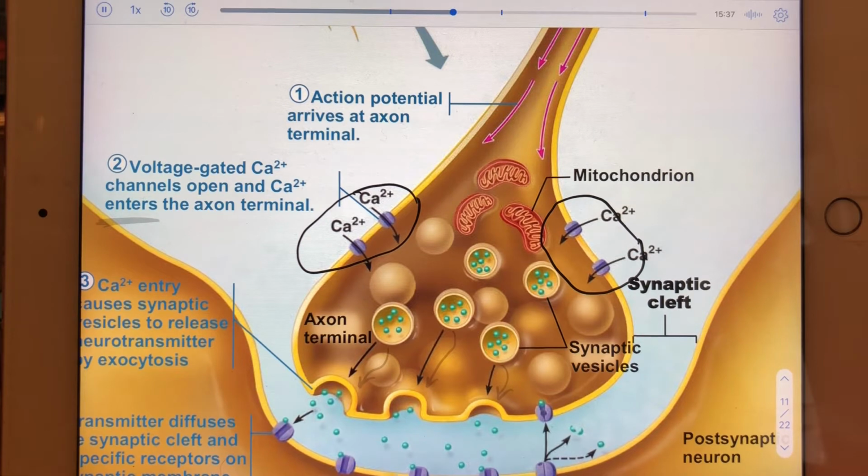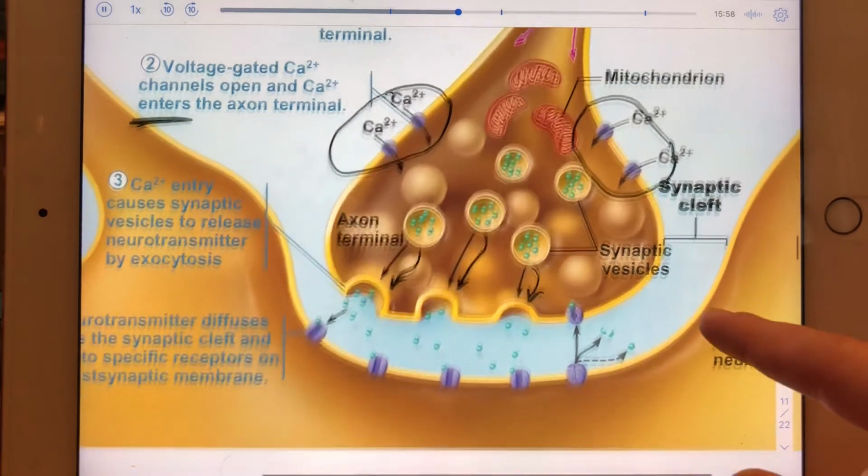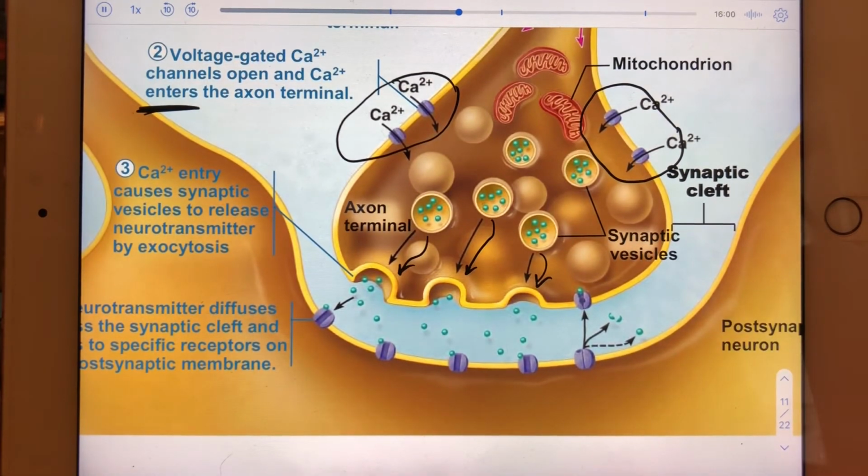Calcium floods into the axon, okay? And that's what acts as the signal to tell these vesicles to go find their matchy-matchy twisty ties. Isn't that cool? Like it. Okay? Once vesicles fuse with plasma membrane, they're going to release neurotransmitter into the synaptic cleft.